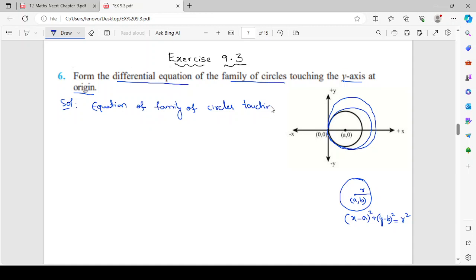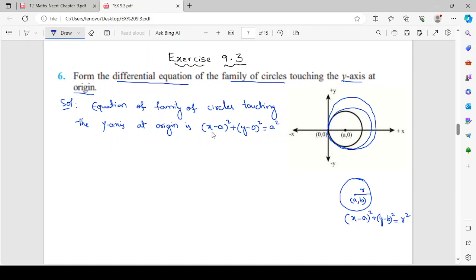So the equation of the family of circles touching the y-axis at origin is x minus A whole square plus y minus 0 whole square equal to the radius squared, and the radius is A, so A square.